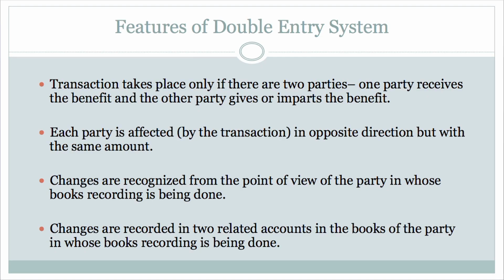But the amount will be the same. So changes are recorded in the two related accounts in the books of the party in whose books the recording is being done. So we first have to think in which books of accounts we will record that transaction.